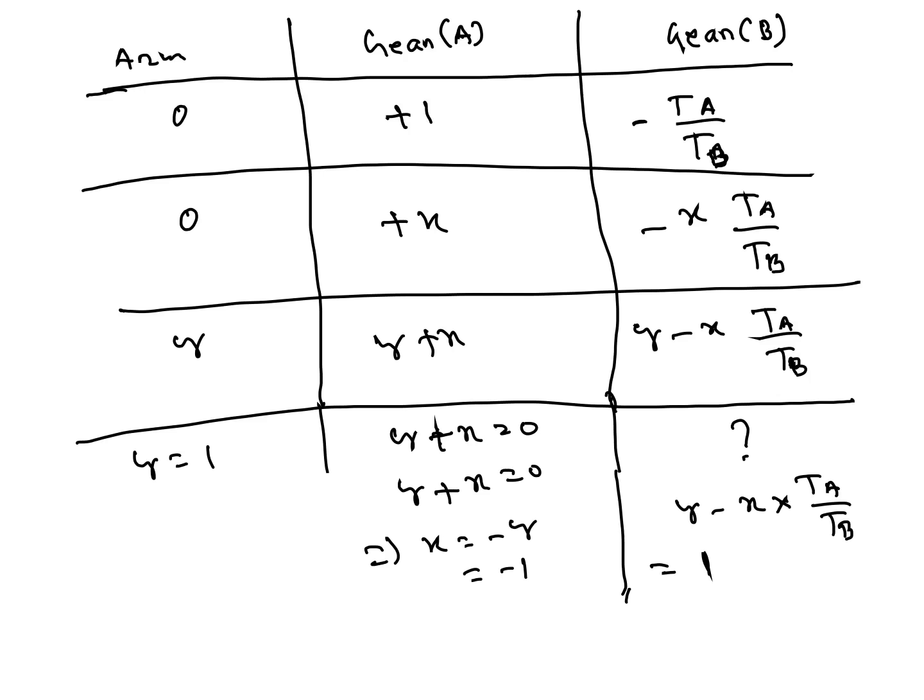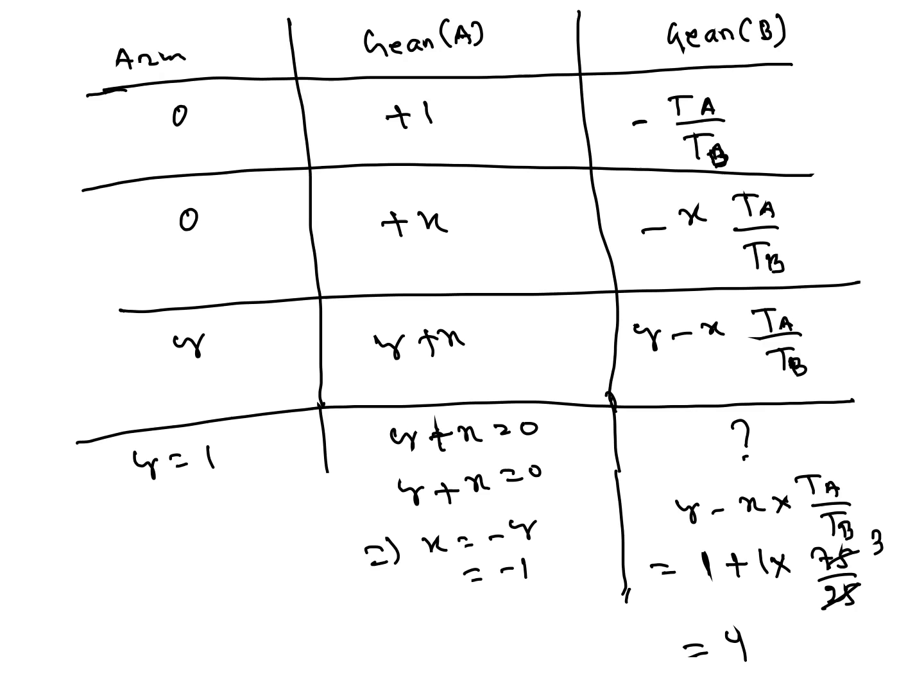TA value 75, TB is 25, 3 plus 1 is 4. So gear B rotates 4 rotations in the same direction of the arm. Same direction because both are having same sign, and gear A is fixed.